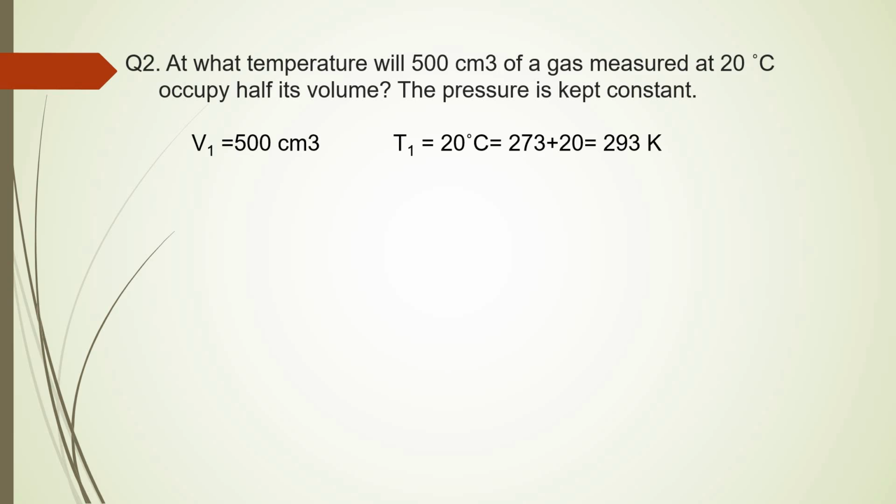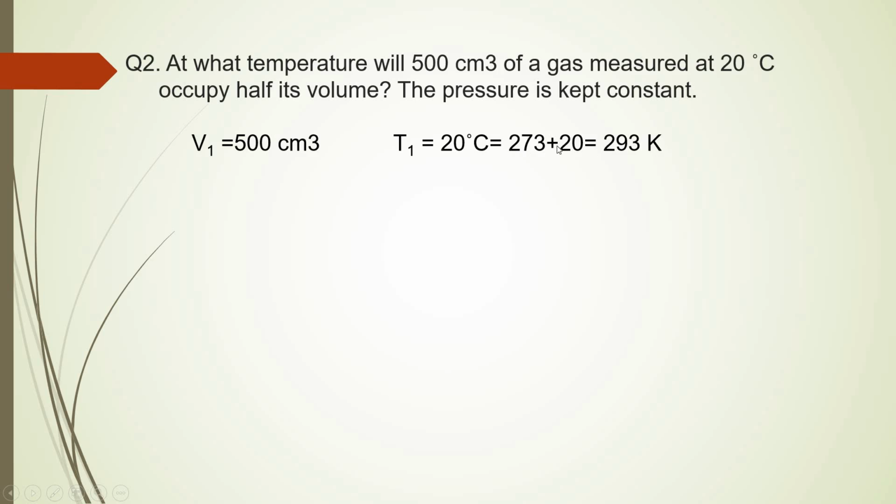Now let's first write down the initial conditions. Initial volume V1 is 500 centimeter cube, and at this condition the temperature is 20 degrees Celsius or centigrade. Now we have to convert this into Kelvin or absolute scale, and how do we do that? By adding 273 to 20.